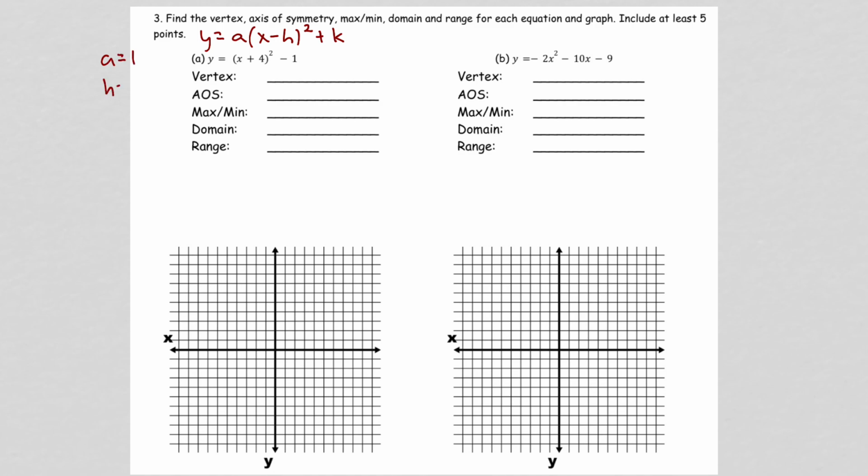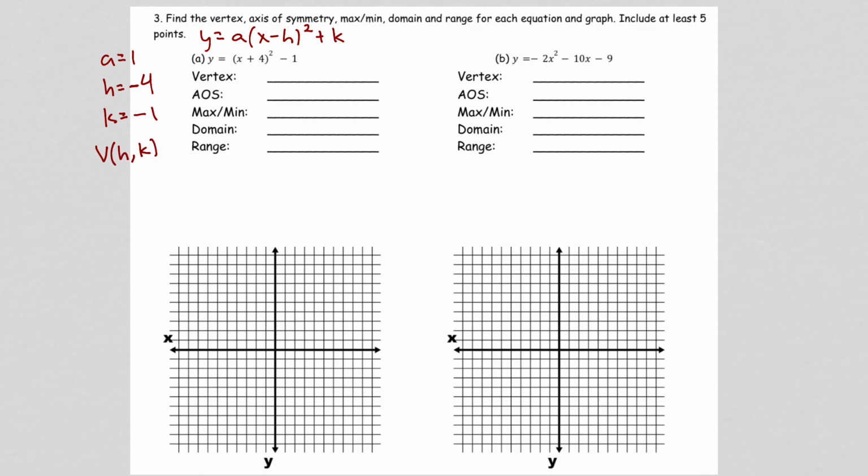The h value is equal to negative 4, because if I were to do x minus a negative 4 for this, it would give me that double negative on that 4 there to give me a positive 4. And then the k value is equal to negative 1.